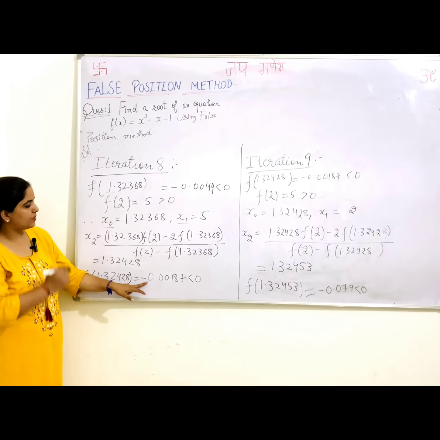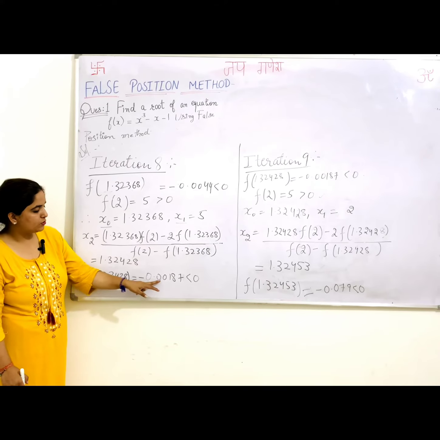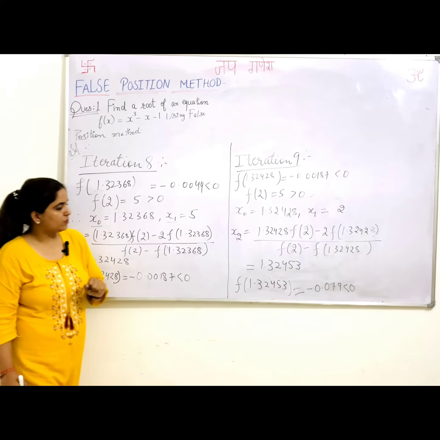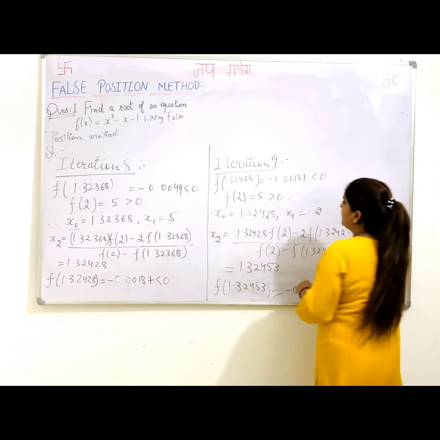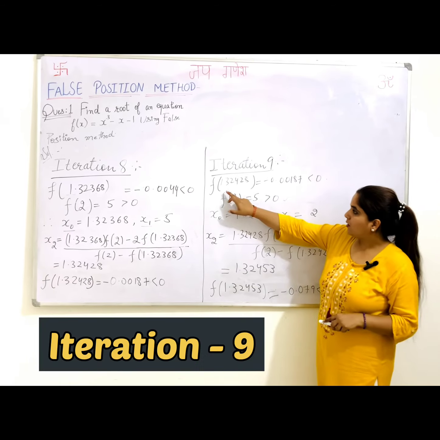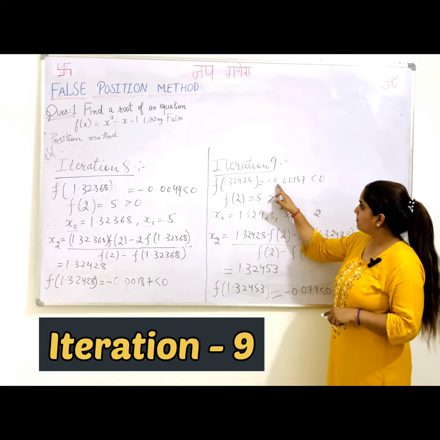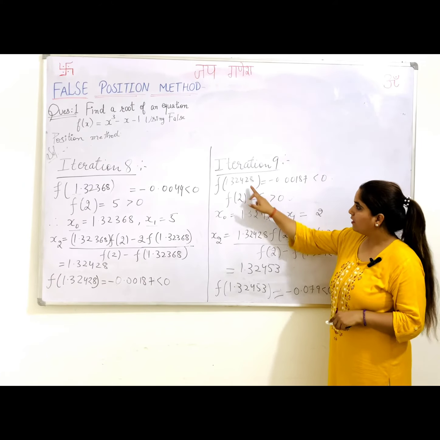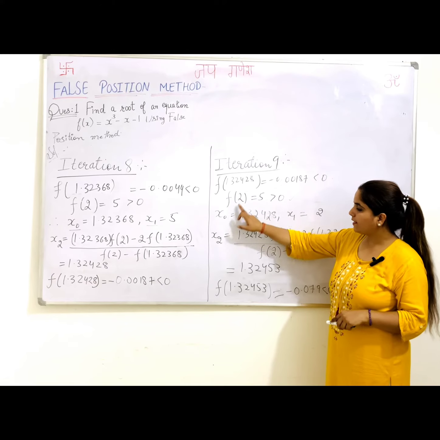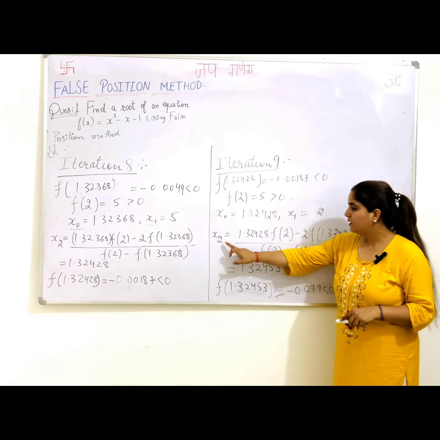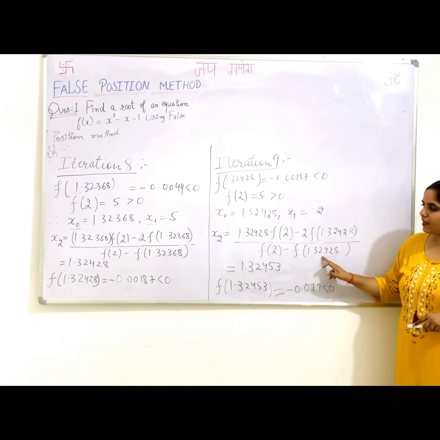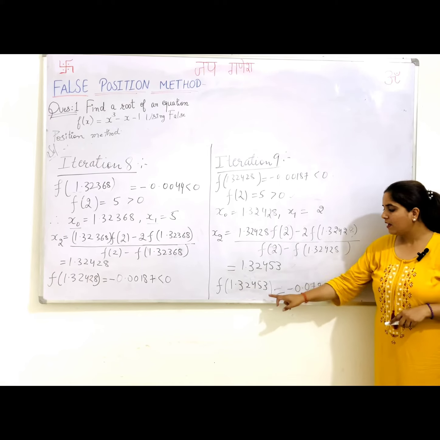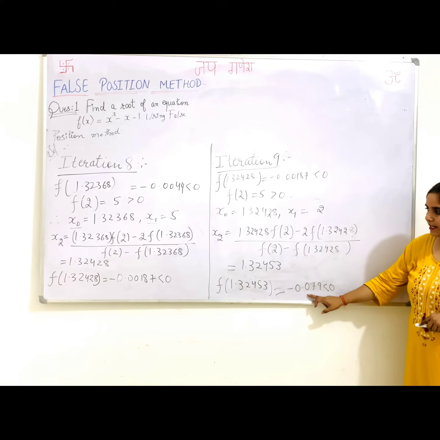By putting in the given equation, we will get the answer as minus 0.0 equations. Answer is 1.32453. So it is again a negative number.